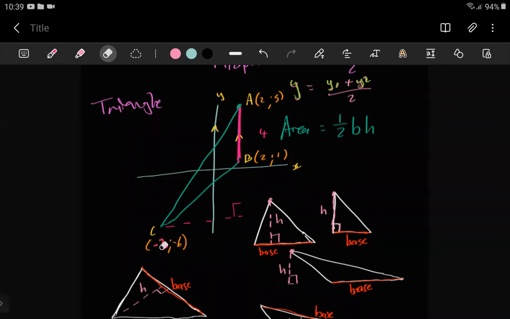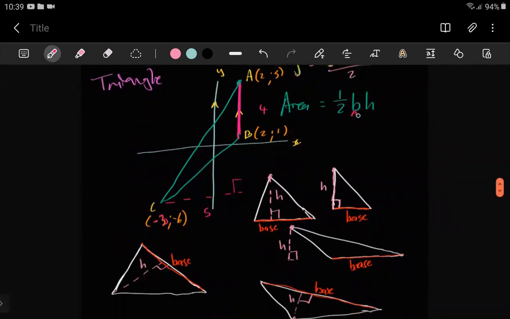And then here from -3 going straight to 2, the distance is 5. So your base is 4, your perpendicular height is 5. So your area is half times 20, which is 10 units squared.